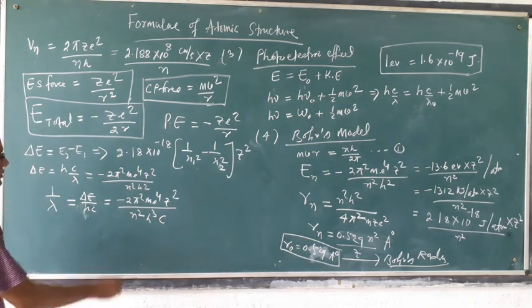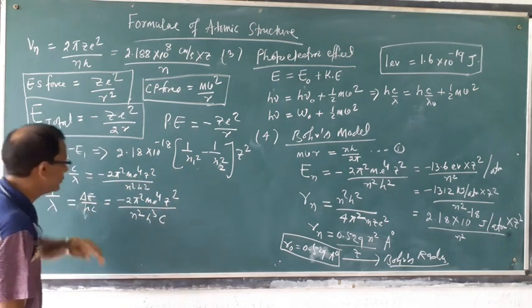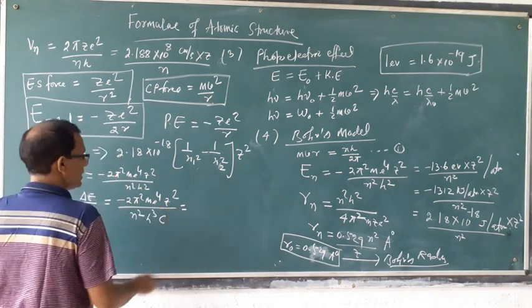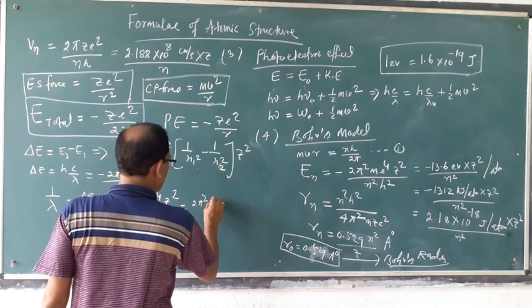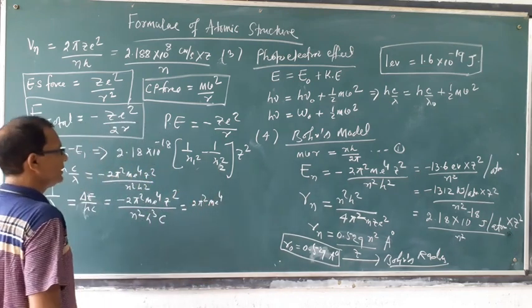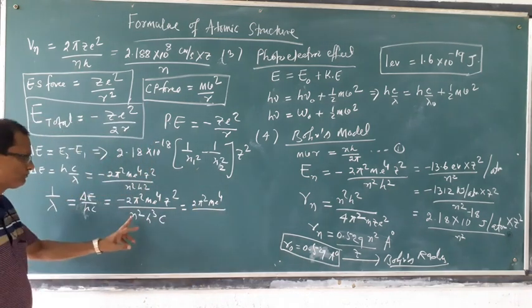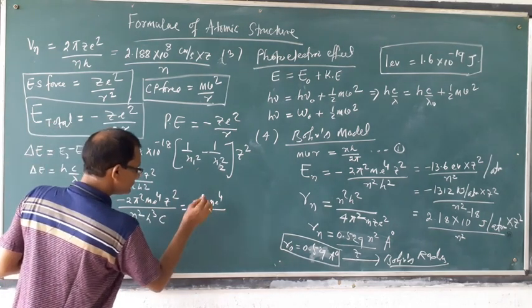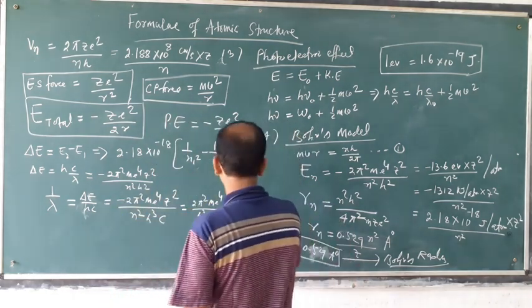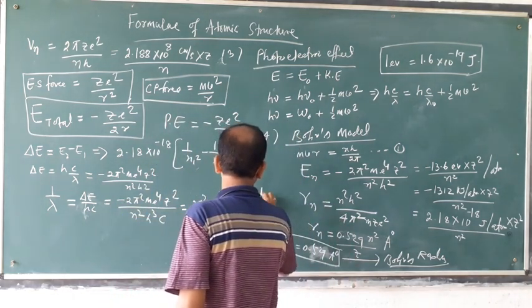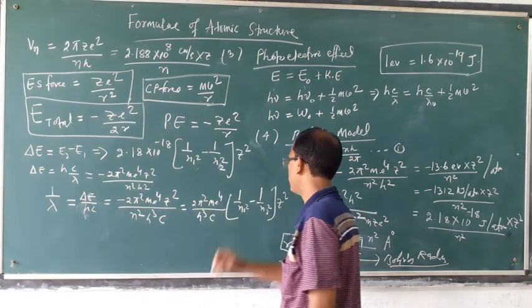If you put n1 and n2, it will be 2 pi square me4 by h cube into c, then inside the bracket 1 by n1 square minus 1 by n2 square, into Z square outside.